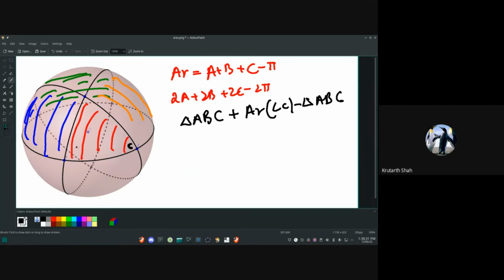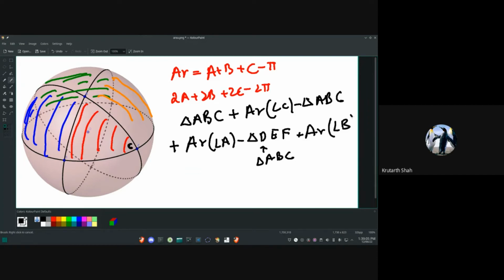And as you mentioned, the area of triangle DEF equals the area of triangle ABC. So the green area, which is the lune made by the angle A, is nothing but the area of lune A minus the area of DEF, which is ABC. Similarly, the orange region is the area of lune B minus ABC.